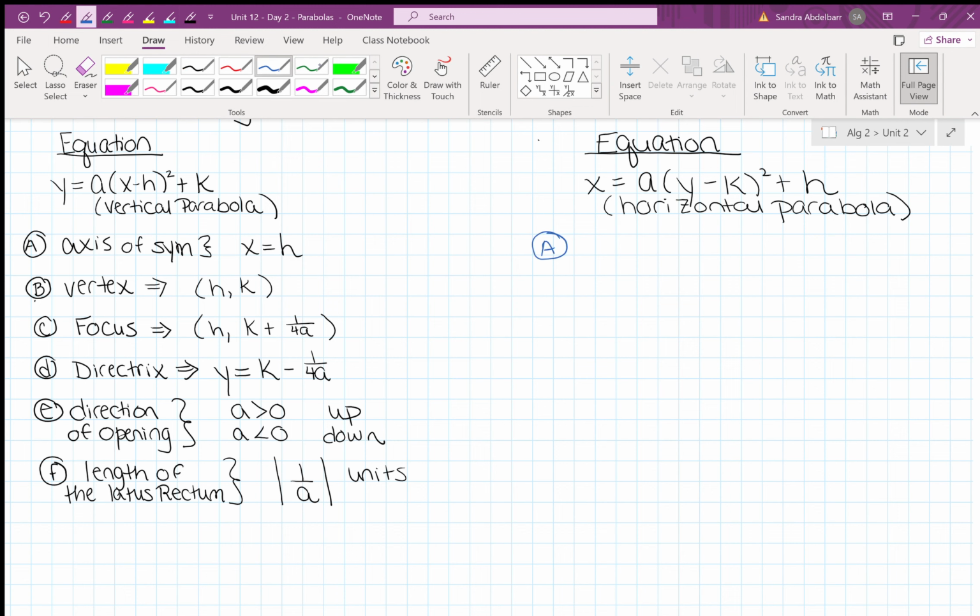So the first one we're going to talk about is our axis of symmetry. Since this is a horizontal parabola, the axis of symmetry should also be a horizontal line. A horizontal line is that x equals or y equals? Y equals. So it's going to be y equals k is the equation of our axis of symmetry line.